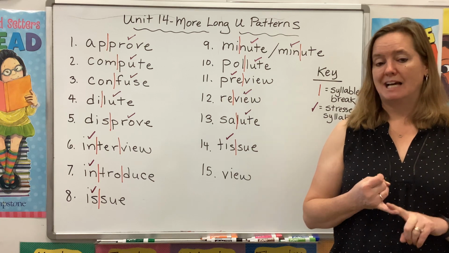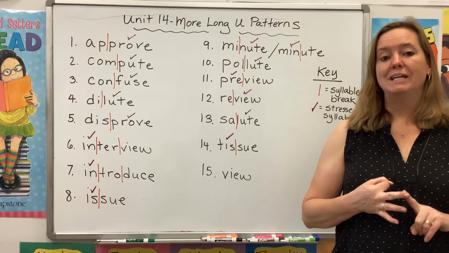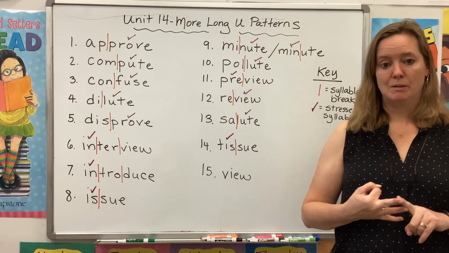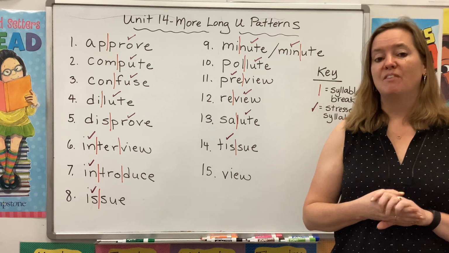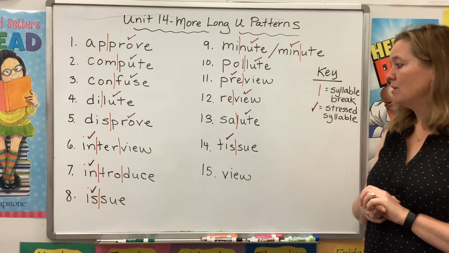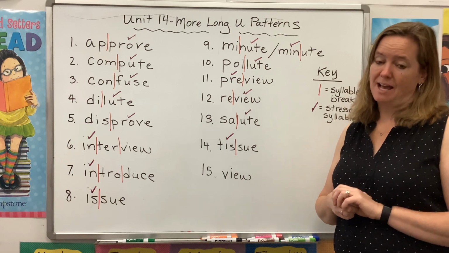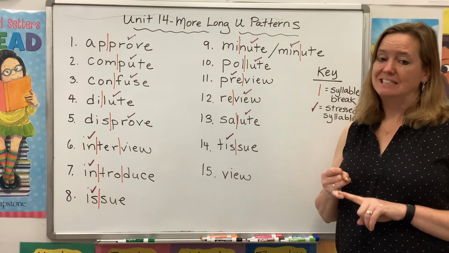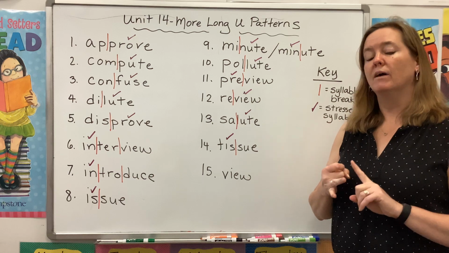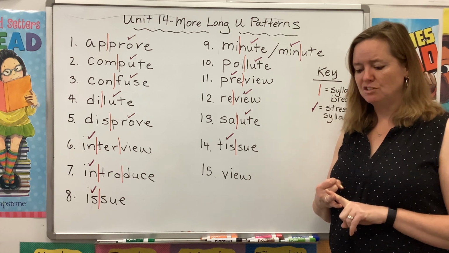We can use a silent E, we can use a vowel team, or we can use an open syllable. This week we are focusing on long U. And in all of our words this week, we are going to make that long U sound by using either a silent E or a vowel team. All right, so let's get started.